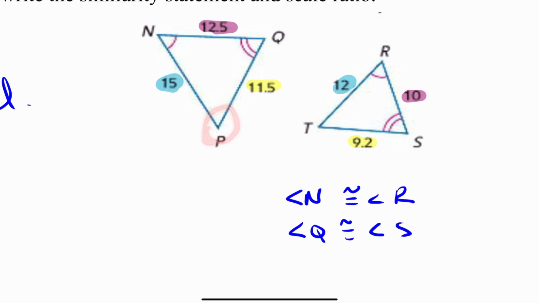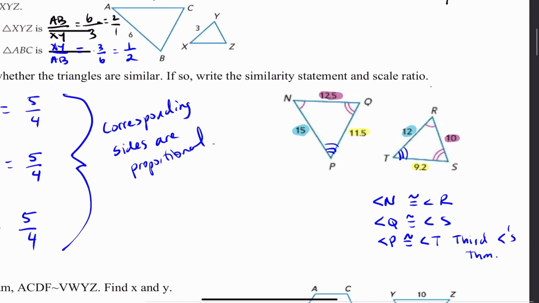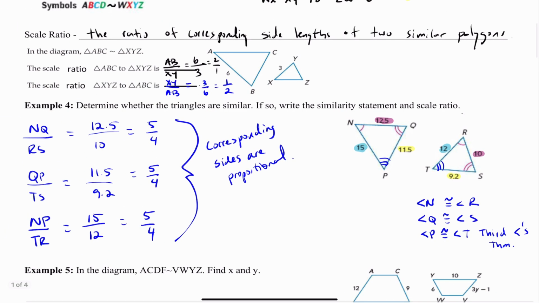And then angle P and angle T, they are obviously congruent because of the third angles theorem. Meaning that if this and this are congruent and this and this are congruent, then this has to be congruent to that. So it has 3 arcs there. So then I got my scale ratio. So this is my scale ratio, 5 over 4. I got to go ahead and write a similarity statement now.